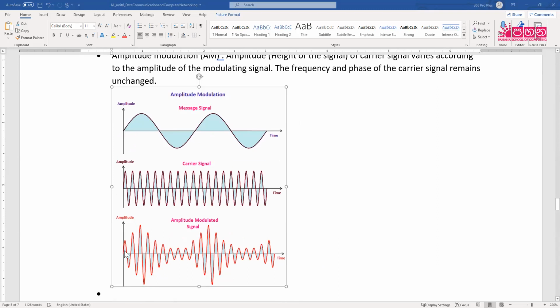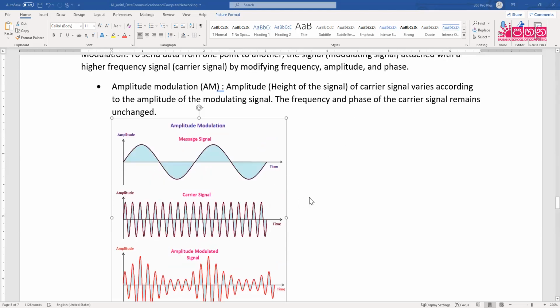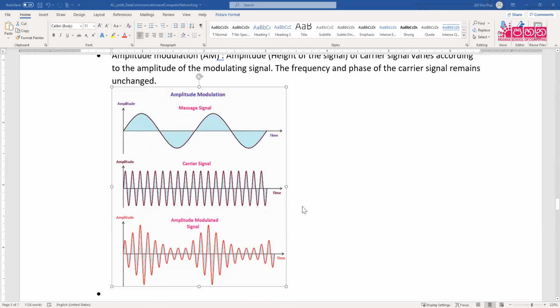In this case, the frequency will be the same, and this is the carrier signal. There's no change for frequency and no change for phase. Start and end will be the same, but the heights are different. I told you amplitude modulation means you combine these two together, and what you get is the amplitude modulated signal.